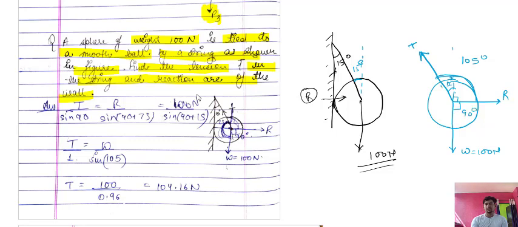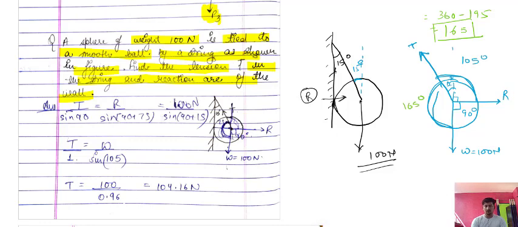Okay, so the remaining angle will be 360 minus 195, so this angle is 165. Okay, so this angle is 165.